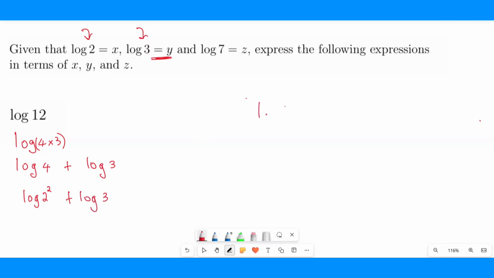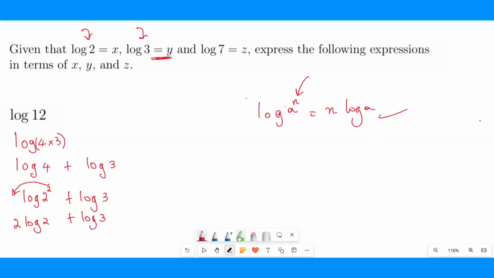Again, there's another log rule that suggests that if we have log of a raised to the n, then this exponent becomes the coefficient of the log. So this becomes n log a, right? So this 2 will become the coefficient. So what we do have is 2 log 2 plus log 3.